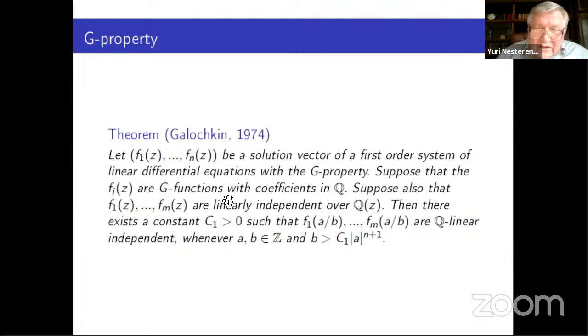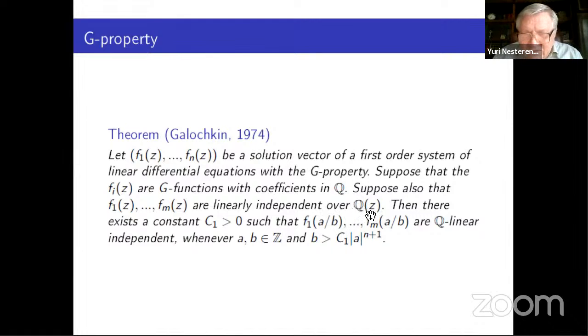So this is a general result about linear independence of G functions. This is the best up to date. Let F be a solution vector of a first order system of linear differential equations with the G property. Suppose that the G functions have coefficients in the field of rationals. Suppose also that these functions are linearly independent. So these are standard properties for E functions.